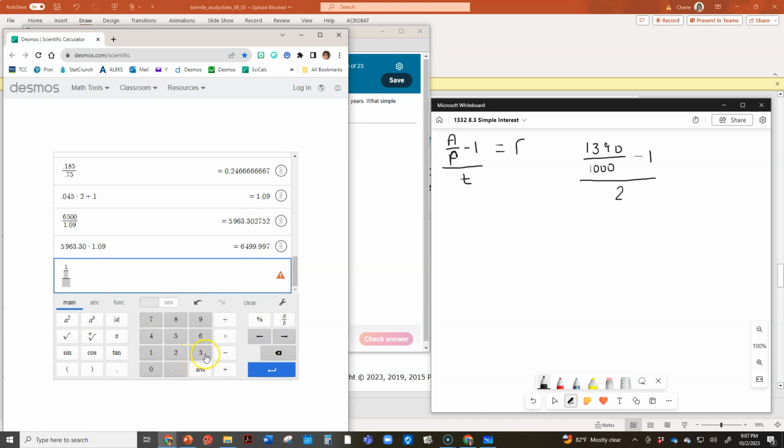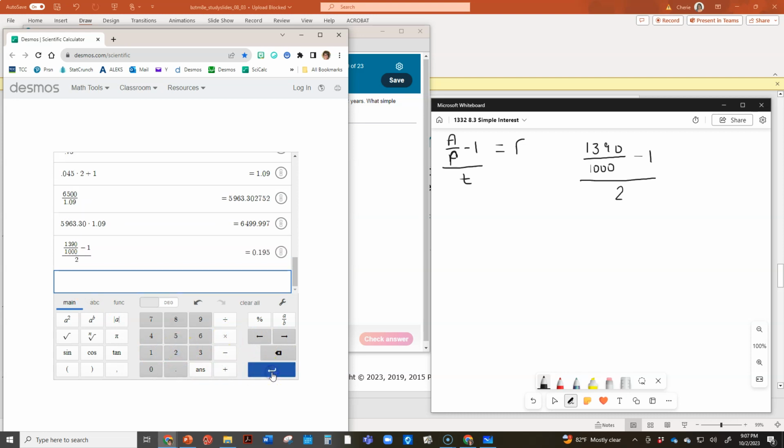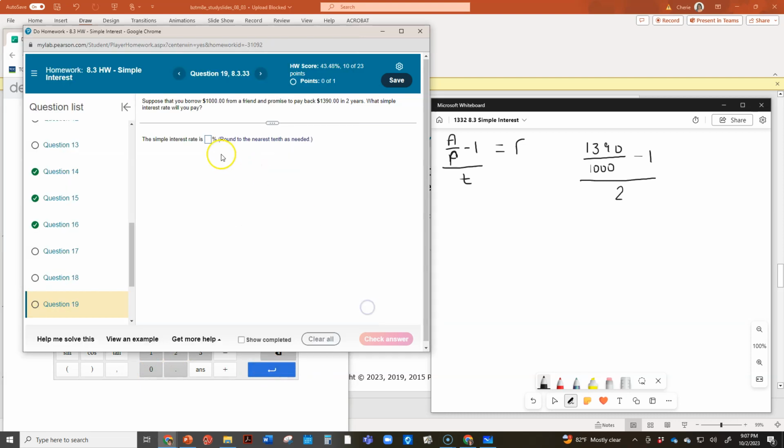So 1390, and then 1000 on bottom, and then move to the right and say -1, and then on bottom put 2, and there's your interest rate. Now if you want to do times 100 to rewrite it as a decimal, so that it's in a percent form, then it's 19.5%.